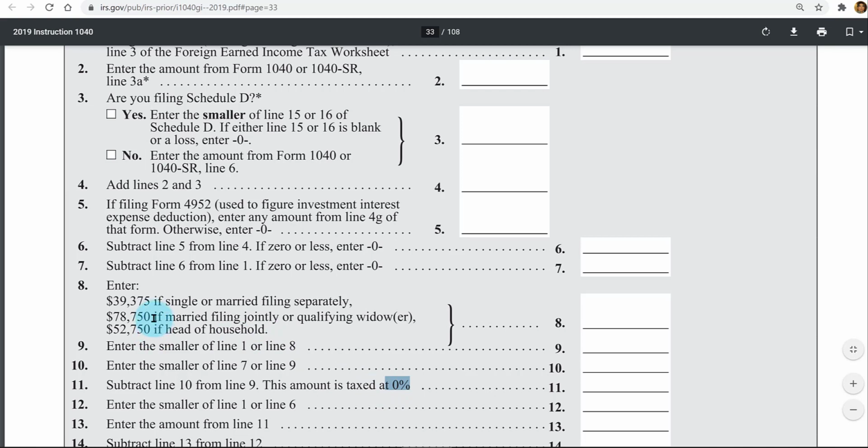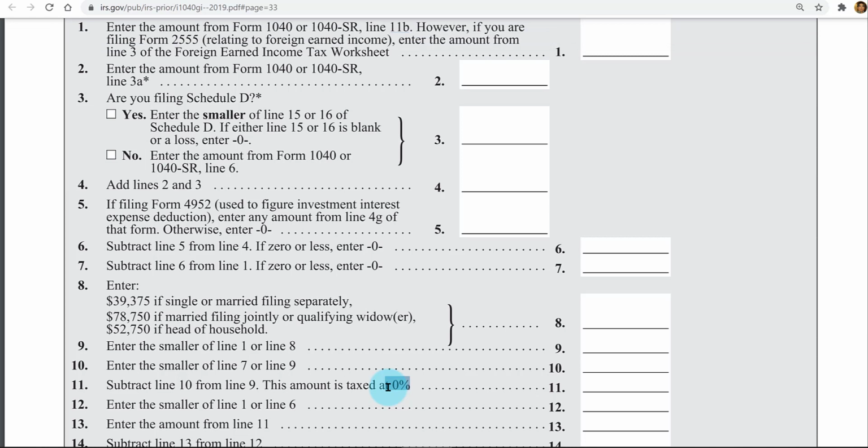And if you're married filing jointly and your taxable income is this amount here or less, the tax on the qualified dividend is 0%. And the rest of the non-dividend income would be looked up on the tax table or tax rate schedule.